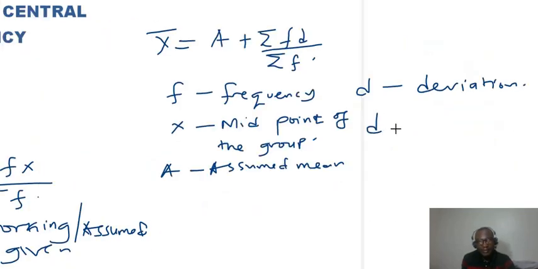The d is got from the expression of smaller x, the midpoint of the group, minus the assumed mean. So that's about the mean.